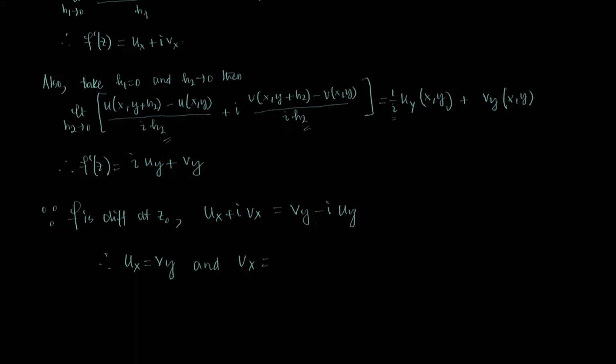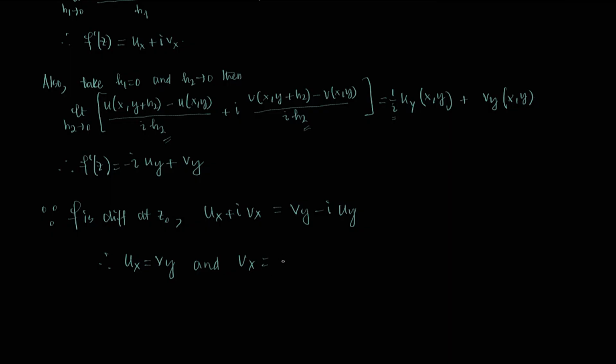I square is minus 1, so if you are doing 1 by I, it is minus I. So 1 by I is minus I, so this becomes minus I times vy.